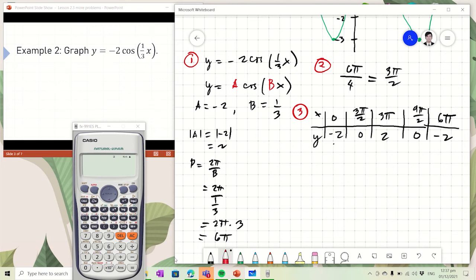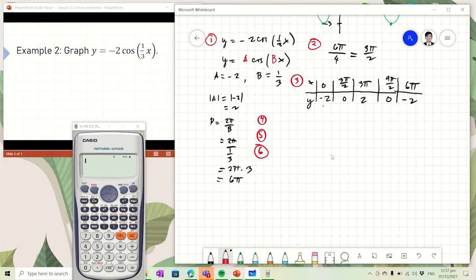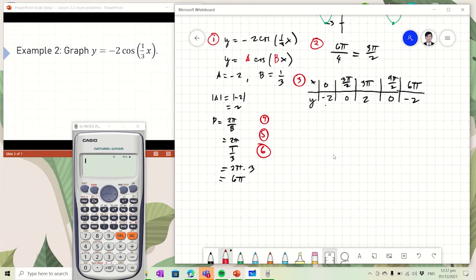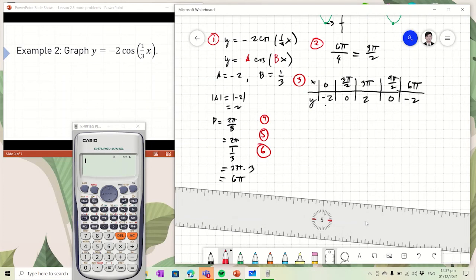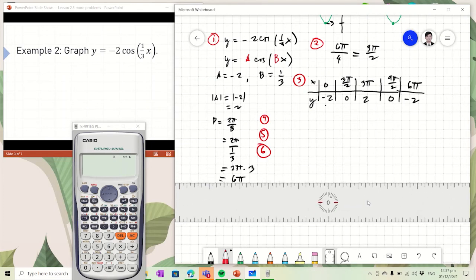So let's try to do already 4th step, 5th, and 6th in one. So yung 4th step natin, of course, we need a Cartesian plane. So that's what we need to follow. So wait, ito na namang yung ruler natin.